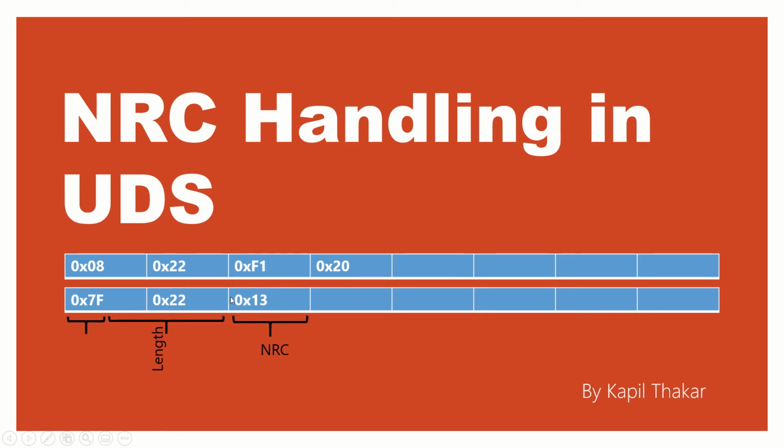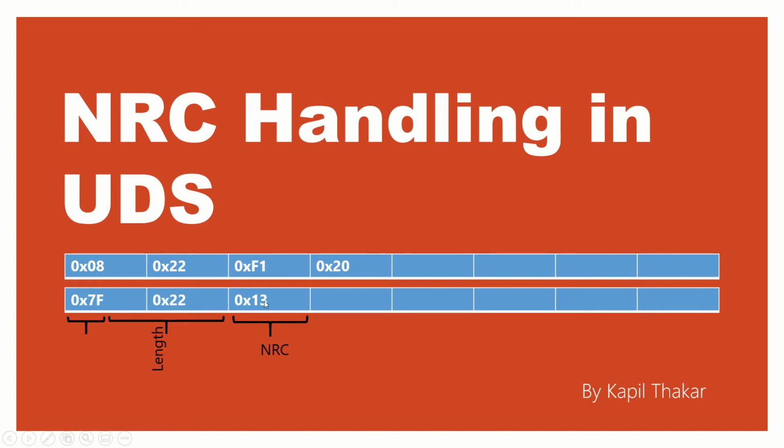The next byte is the actual NRC code. In this case, as we have an invalid message length, we put 13 as the NRC. So we always send these 3 bytes whenever we want to send a negative response code.